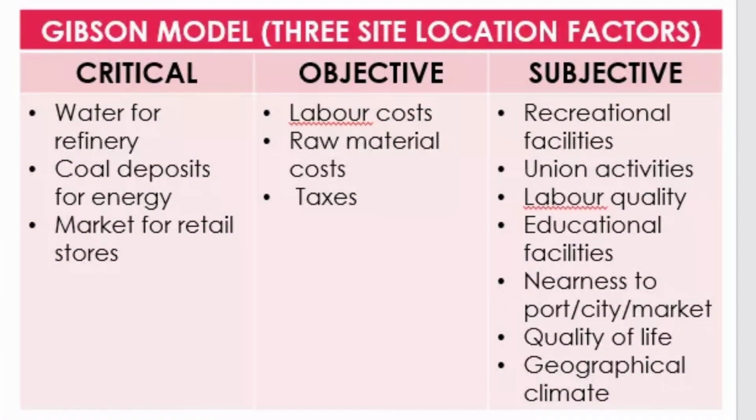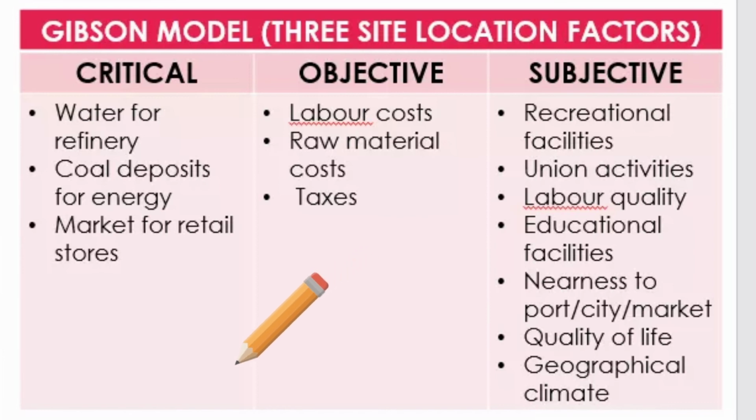Ayan, makikita natin sa ating diagram na naka-flash sa ating screen yung tatlong klase ng site location factors which are critical, objective, and subjective. So for critical, ang example nito is yung ating water for refinery, coal deposits for energy, at saka yung market for retail stores. Sa objective naman, ito yung tinatawag na quantitative na factor.